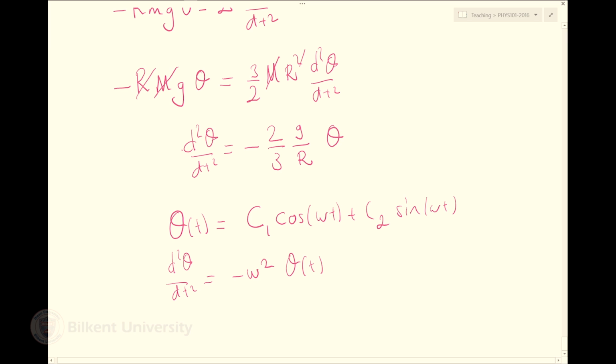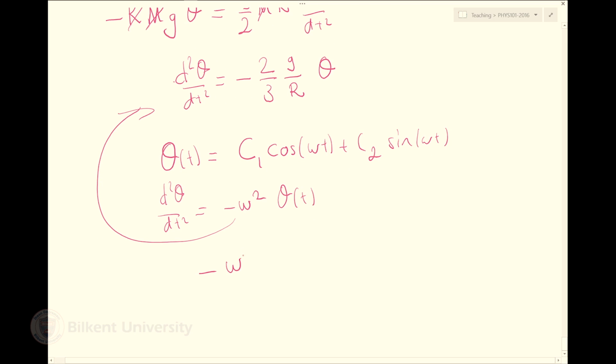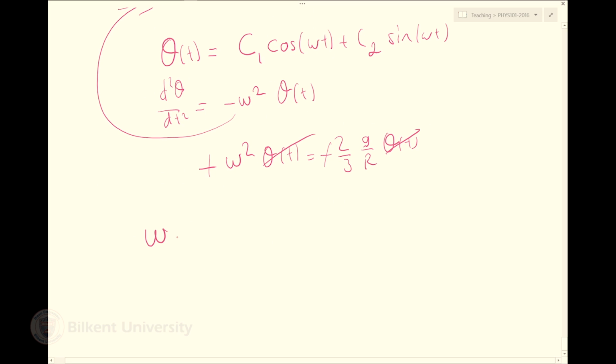So now I can plug that back in. I can see that minus omega squared theta of t is minus 2/3 g over r theta of t. Theta cancels, minus cancels. So I was asked to find the frequency of small oscillations. I found it to be omega equals square root of 2/3 g over r.